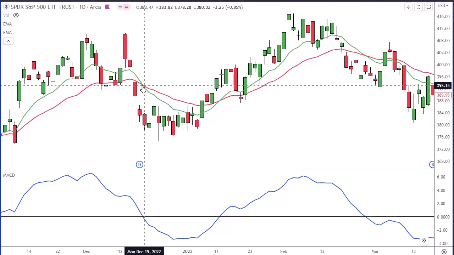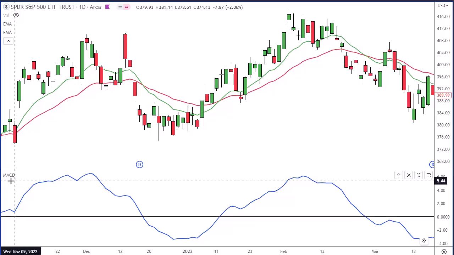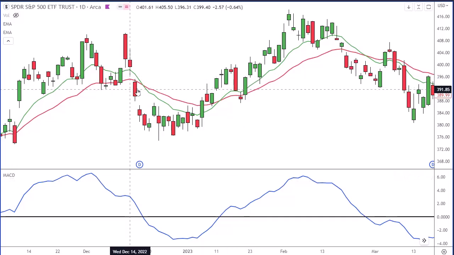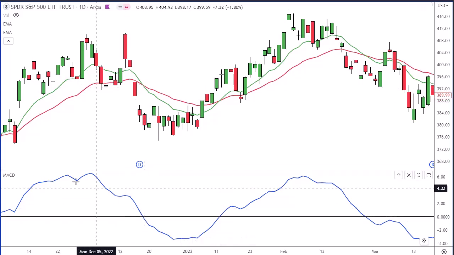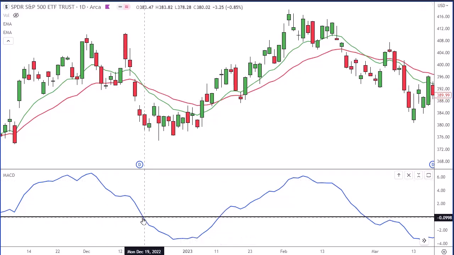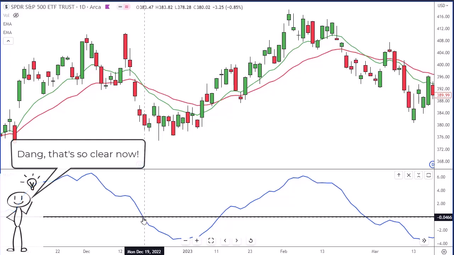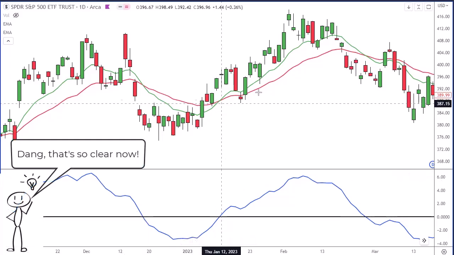That's all it means. So when they cross, that means there's no distance between the two moving averages, no convergence, no divergence. They're actually equal, and therefore the MACD line hits 0. There's no distance between them. And then when it goes back up, again, the lines cross.